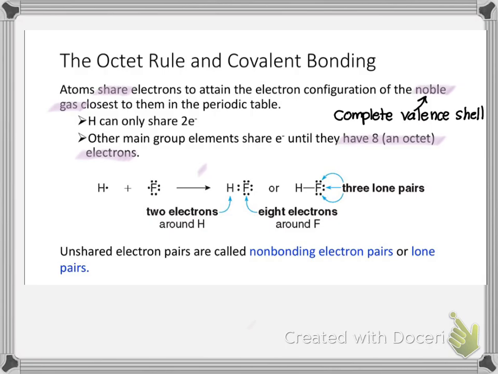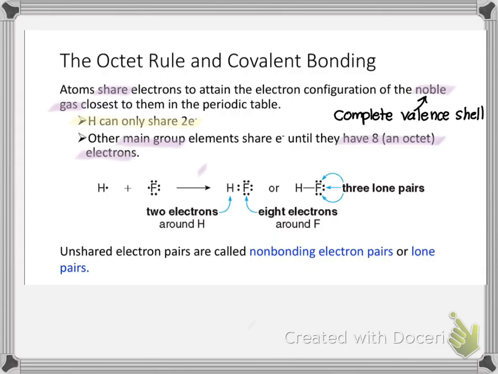Now, the main group elements want to have 8, but hydrogen can only have 2. So hydrogen can only have 2. So when we talk about the octet, a lot of times I'll say except for hydrogen. That's because hydrogen can only have 2, but the other main group elements are going to want 8.